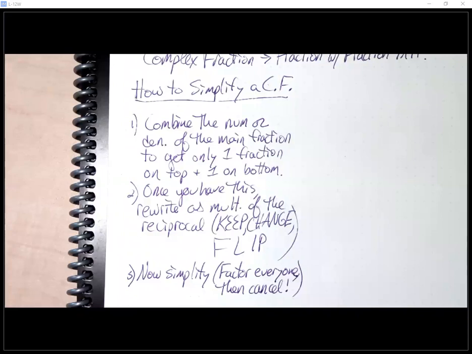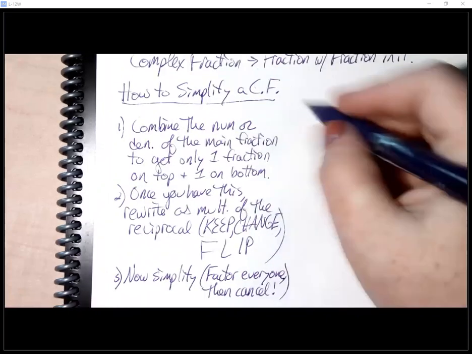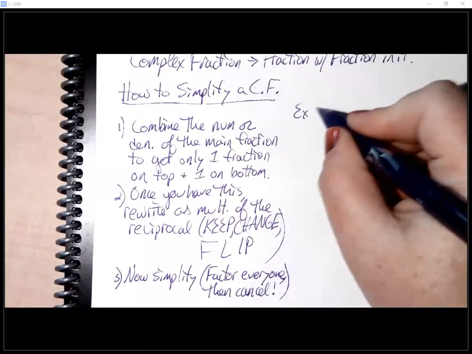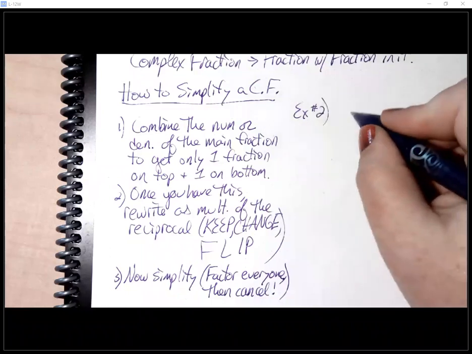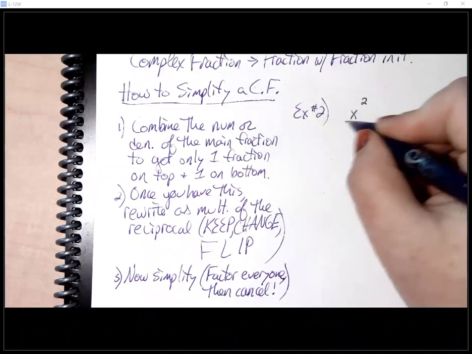It's just going to depend on the problem, how easy or difficult this process is. So let's start off with one that's super easy, like number 2 on your worksheet. On your original worksheet, we have x squared over 4.